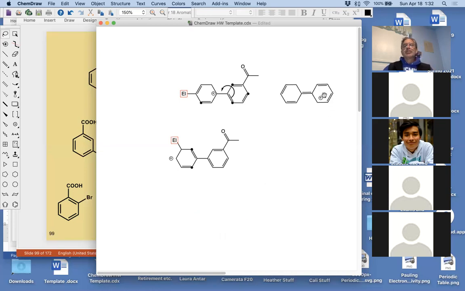So forget the substituents. The one I just drew would be this resonance structure. Does that help?